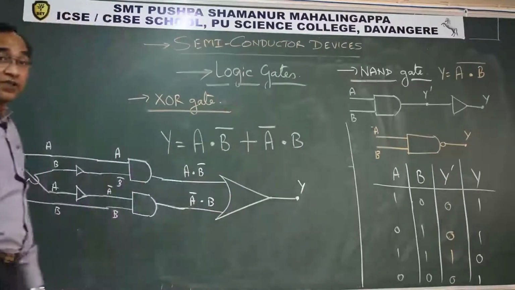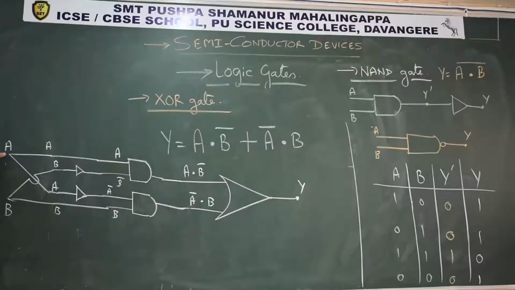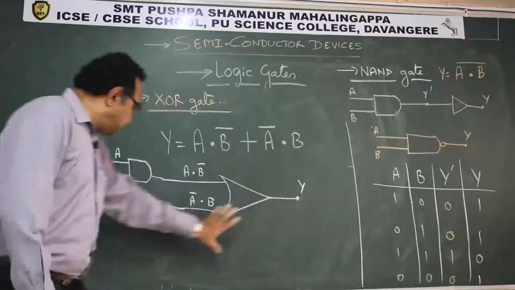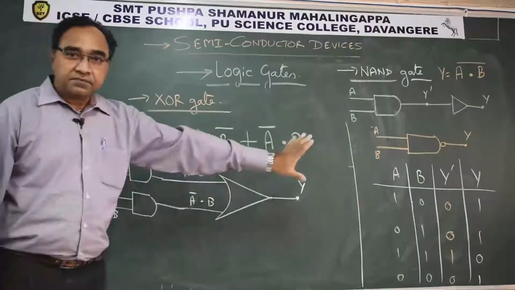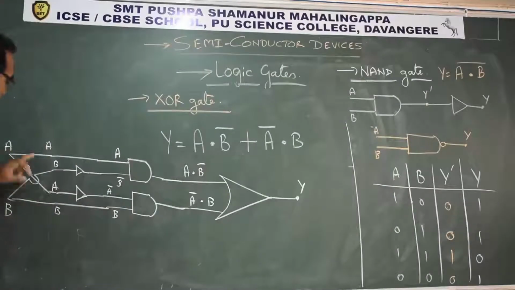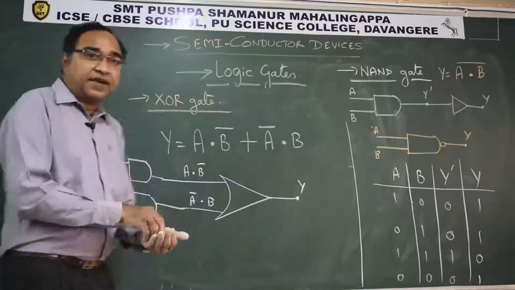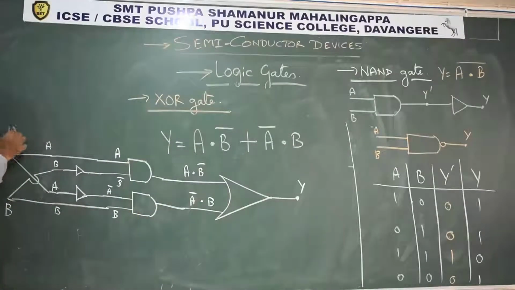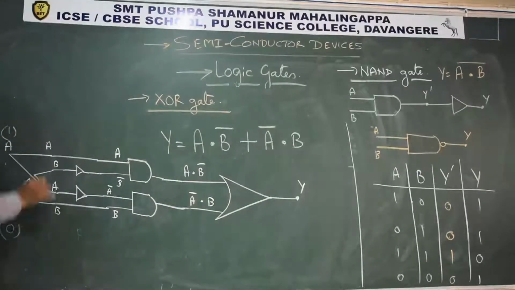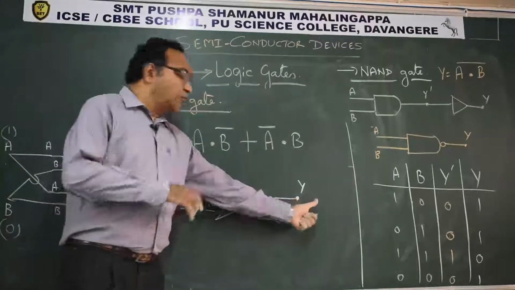Second type of question is, they will say what is the final output. A mesh of gates is given. If A is 1 and B is 0, how much is Y? Let us try that.